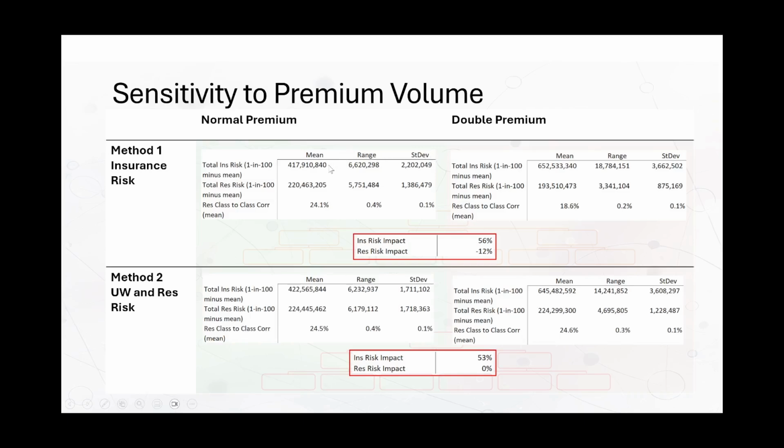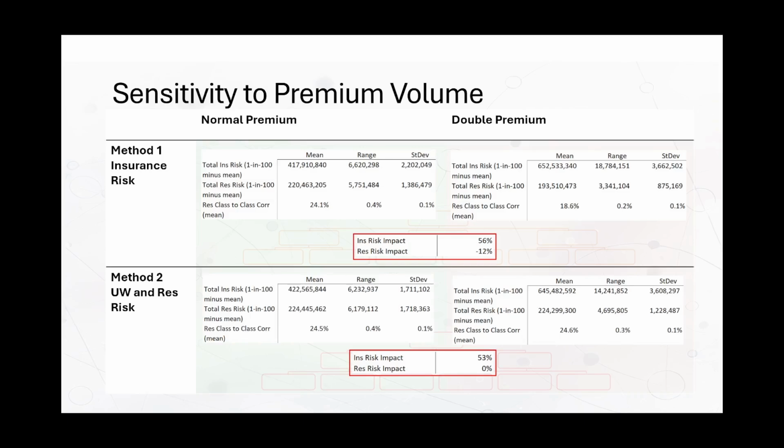So how stable is this metric as we perform the model run on different seeds? And we can see that both the method 1 and method 2 models have got reasonable stability, a range around 6 million in that output for the total insurance risk, standard deviation of around 2 million. So not a lot between these models in terms of their stability.